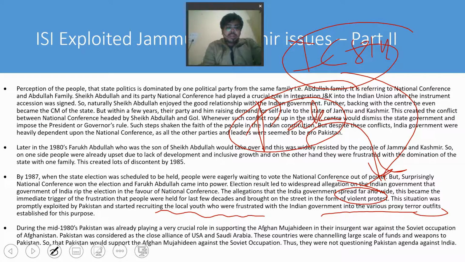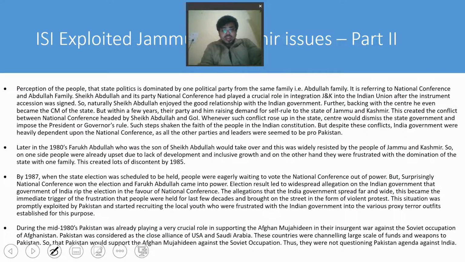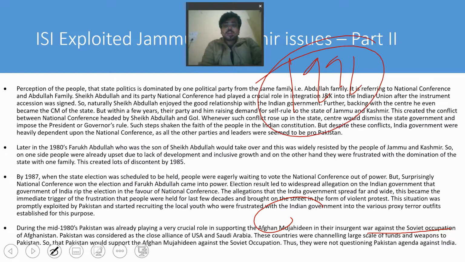During the mid 1980s, Pakistan was already playing a very crucial role in supporting the Afghan Mujahideen, the Afghanistan-based Mujahideen in the insurgent war against the Soviet occupation of Afghanistan. In 1991 the Soviet Union broke down.